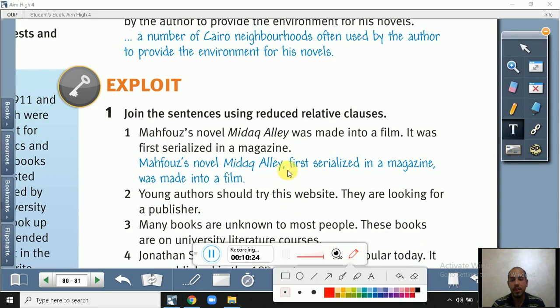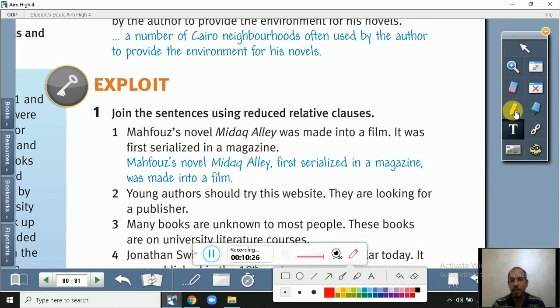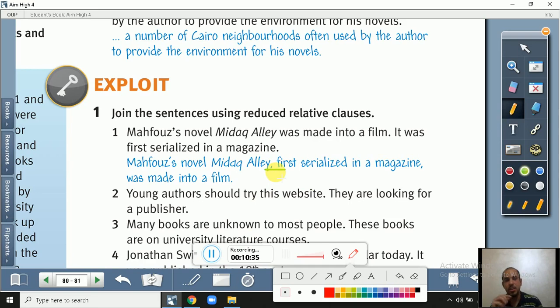Now, here, as you can see, in this place, there's something deleted. We connected those two sentences, the first sentence with this one. So we deleted it.